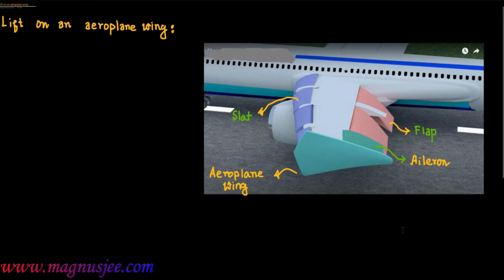There are three parts of the aeroplane wing, and these three parts form a typical shape.